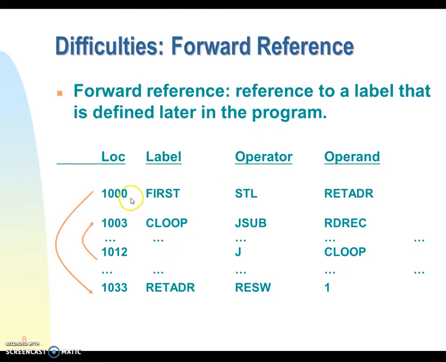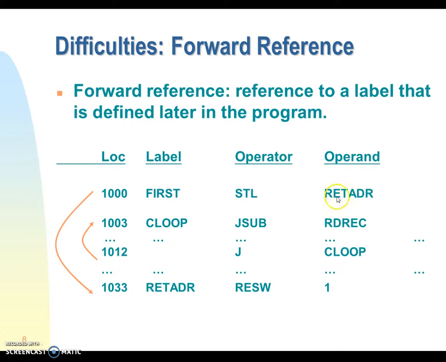So for example, consider this assembly level language program. There is a label field, an operator field, that is the opcode field, and this is an operand field. In this, we are assigning the address at which this particular instruction is present. If you take this STL, it's an opcode, and this is an operand, RETADR. It is referring to a symbol which is defined later.